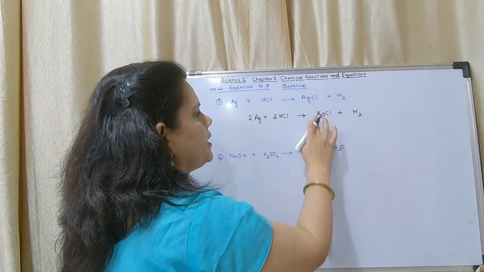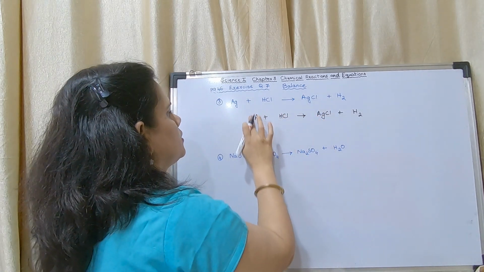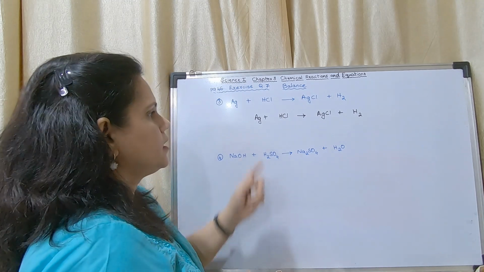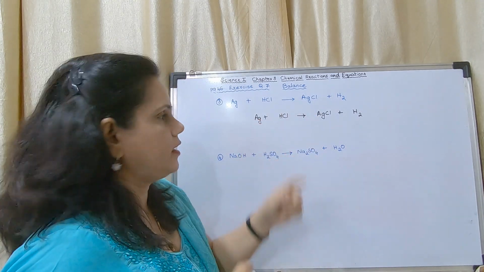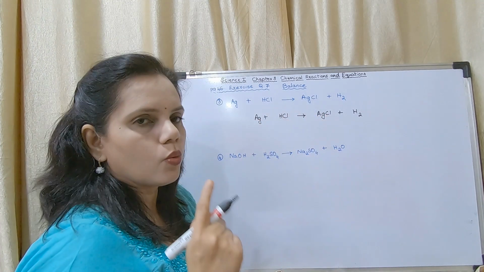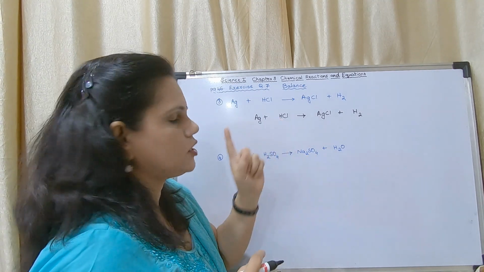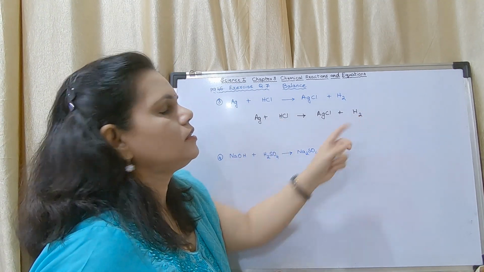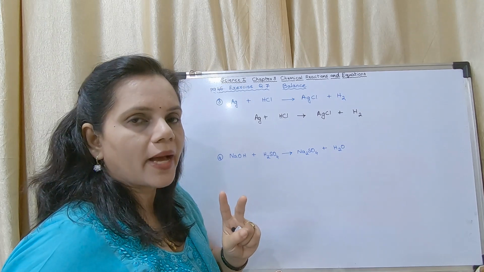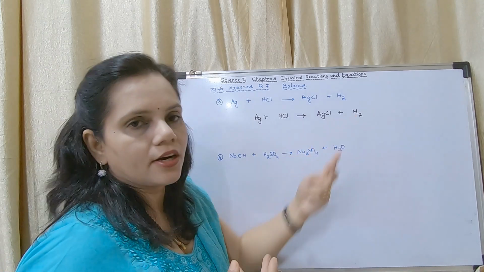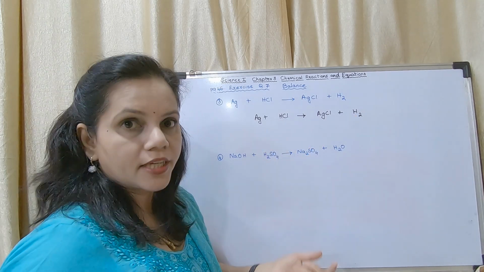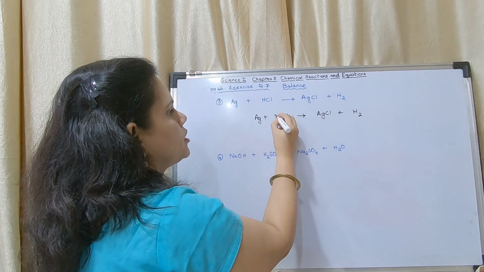I repeat. Ag, Ag, 1. Cl, Cl, 1. H, there is only 1 here, and 2 here. So I will go for balancing H. This I cannot make 1, this I can make 2. So I will put a 2 here.